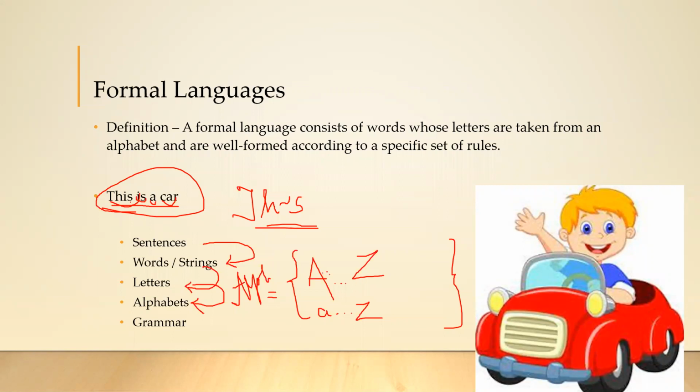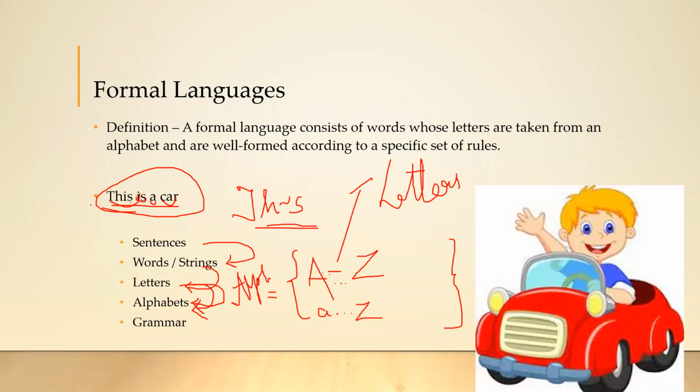For example, capital A is a letter, capital B is a letter, C is a letter, and so on, up till capital Z. All of these I say to be letters. And the whole set of letters, I say, is the alphabet. So letters are components of your alphabets.